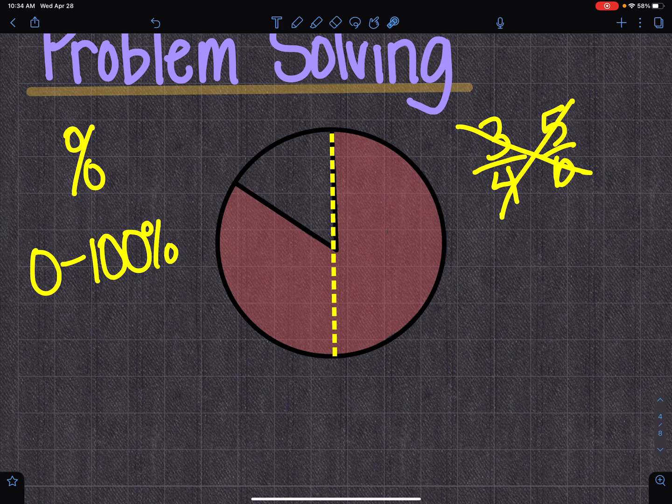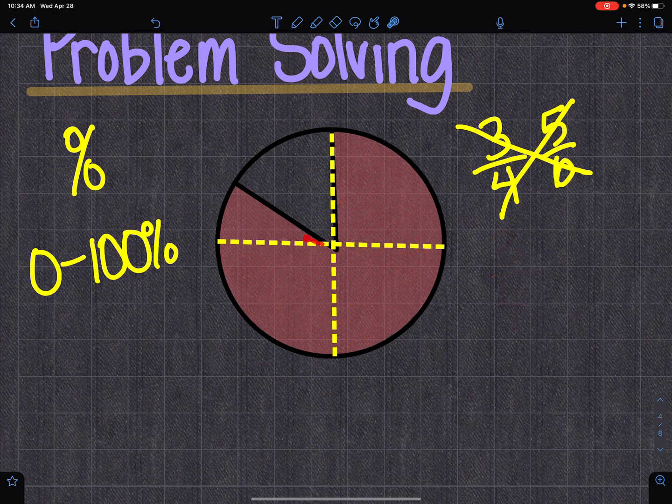What would 75% look like? 75% would kind of look like that, where 75% is the same as 3/4. So 75% means you got 3 out of 4 problems right.